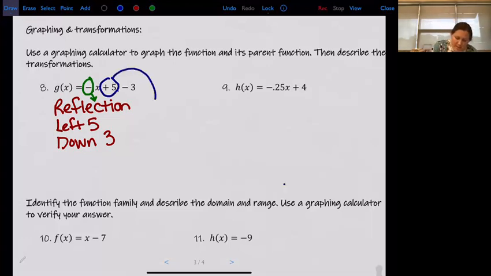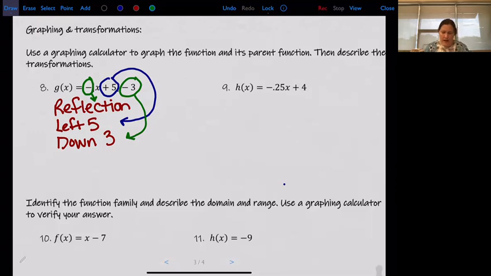So if it's grouped with X, and the x-axis is what goes left and right, that's what shifts you left and right, except you do the opposite of what it says, only when it's grouped inside with X. So this said plus 5, so we're actually going to go where X goes negative 5. So that's why we went left 5. And then this minus 3 on the end just moves us down 3.